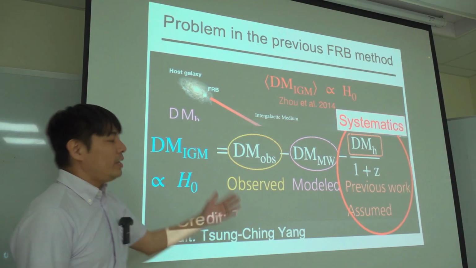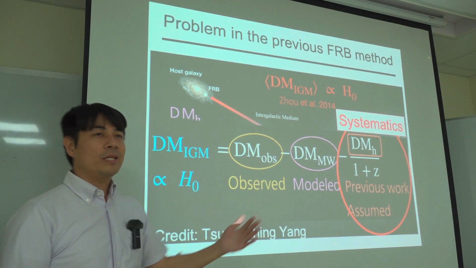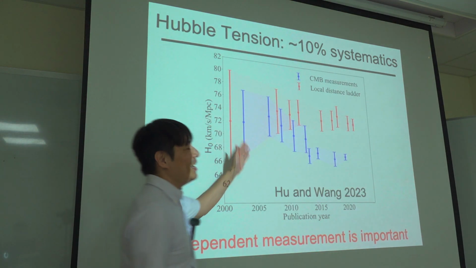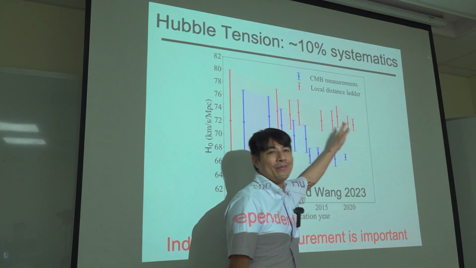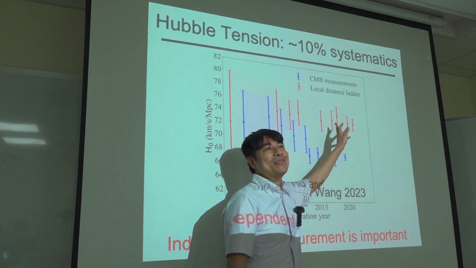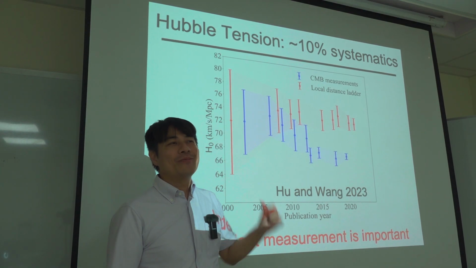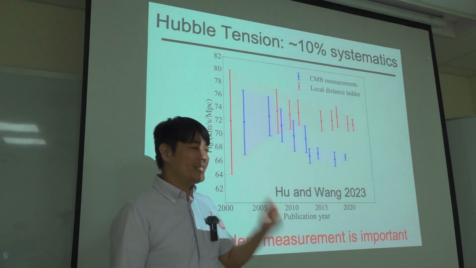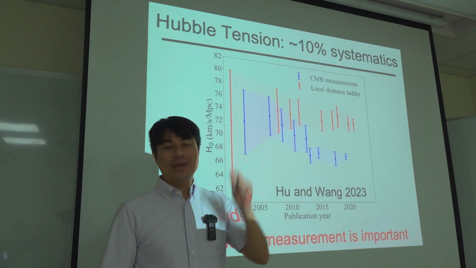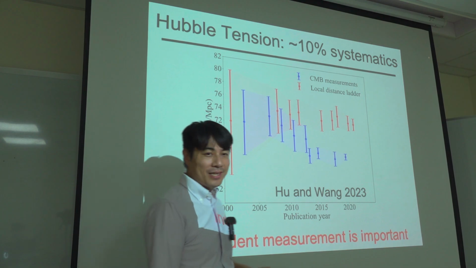Then we have to address the systematics here, because the original problem is a systematic difference, right? The most important part is that we really have to remove the systematic errors from the methods measuring the Hubble constant.